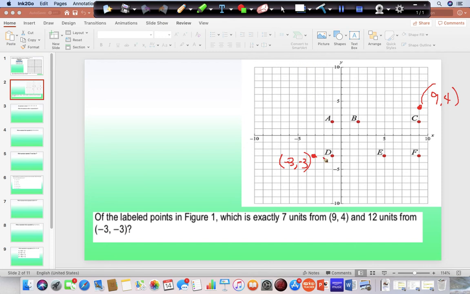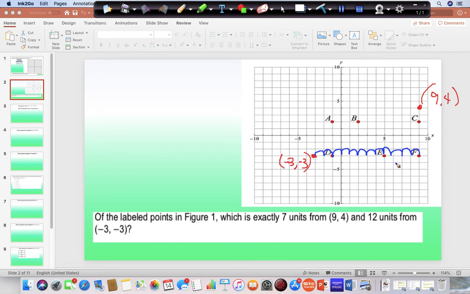So we need to go right 12 units. I'm going to show this in dark blue. Okay, so I'm going to count 12 units. 1, 2, 3, 4, 5, 6, 7, 8, 9, 10, 11, 12.